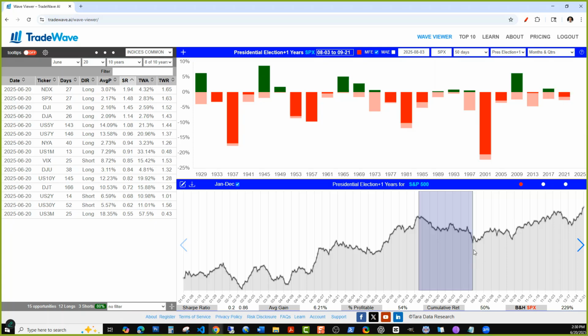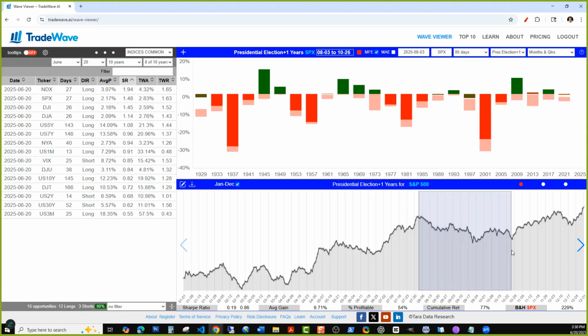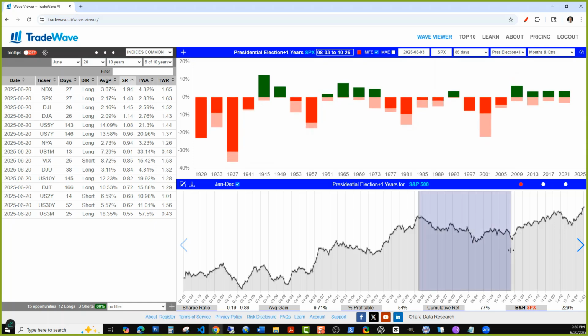There. And probably up to there. It's a little stronger. The last 4 PE+1 years were positive when we go all the way to the 26th of October, but still pretty weak in the previous years.